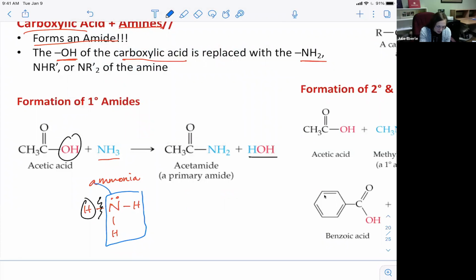That's what's going to slide over and bond to the carbonyl carbon. And that forms the amide. When you're done here, we just have this one individual carbon nitrogen bond. So that is why we say we formed a primary amide. And that happens if your starting material is ammonia and only ammonia.